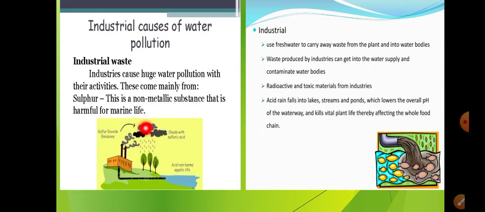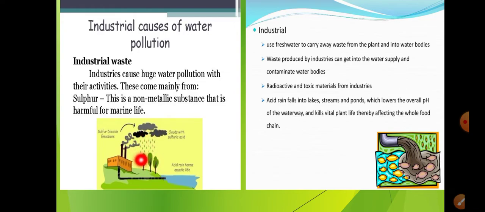So when the rain comes from such a cloud, that is acid rain, because sulfuric acid is an acid, right? This will cause harm to the plants and also the animals, as it is released to the earth's surface.